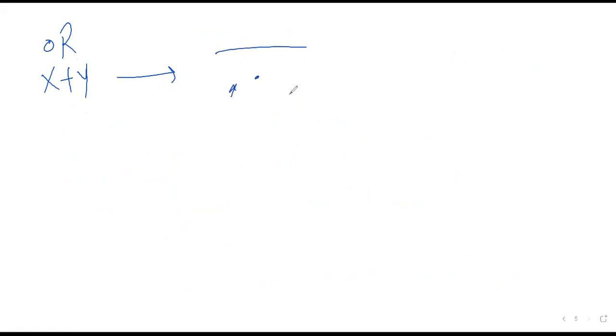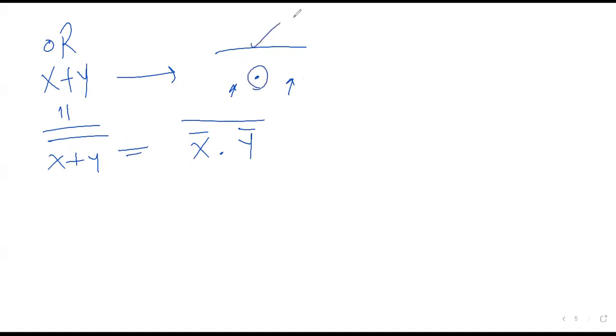I need an input here, I need an input here. How do I get there? I can use De Morgan. X plus Y is the same as X bar, Y bar, with another bar on top. So now I have my operators, the AND and the bar. I have them here, this one and this one.